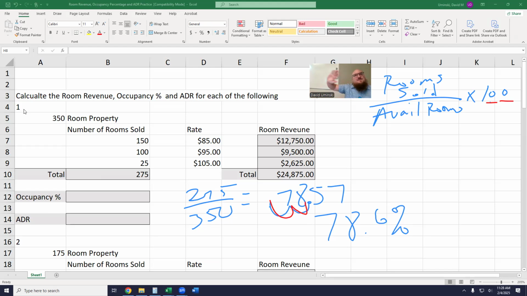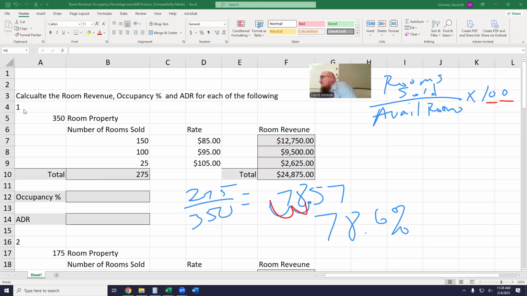I often leave that times 100 off because you can visually just move the decimal place over 2, right? But if it makes you more comfortable to put times 100 in your calculator and see what the number is, go for it.